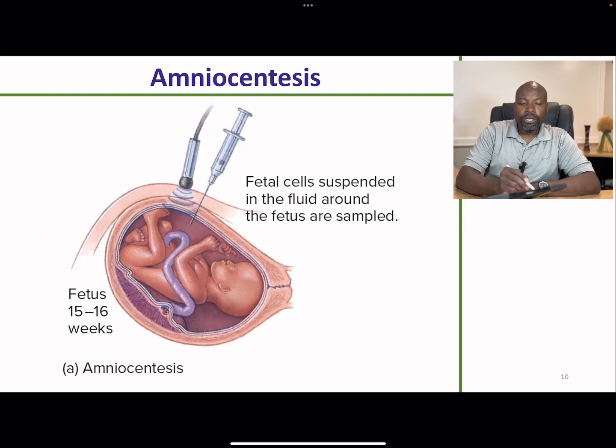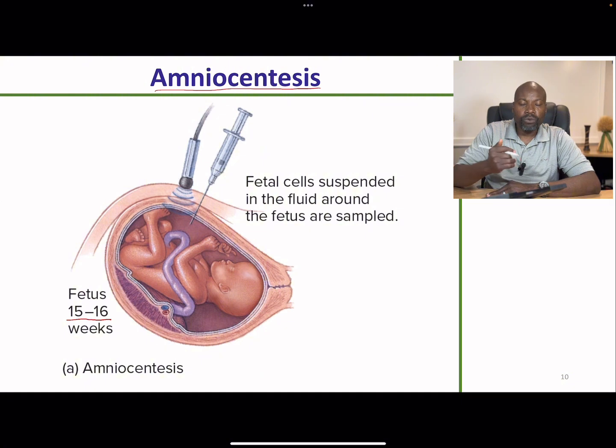So amniocentesis is typically carried out when a lady is about 15 to 16 weeks pregnant. And at that point, using an ultrasound, we figure out if the baby is healthy.